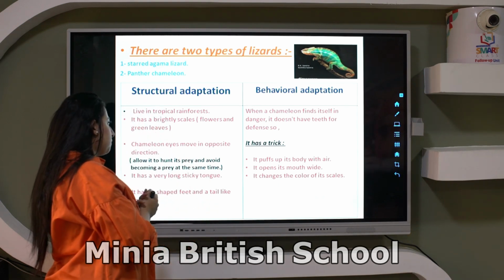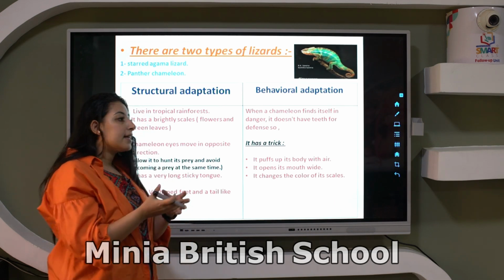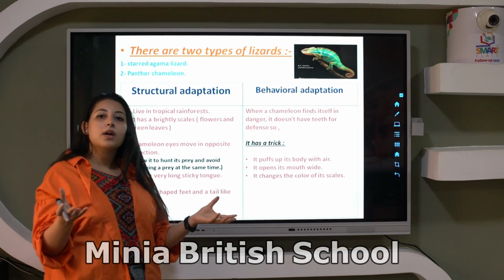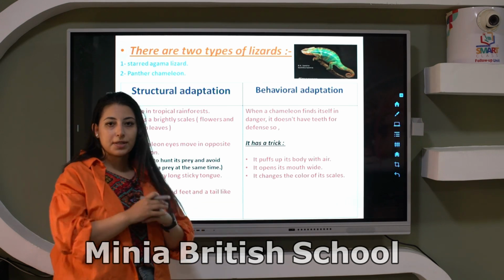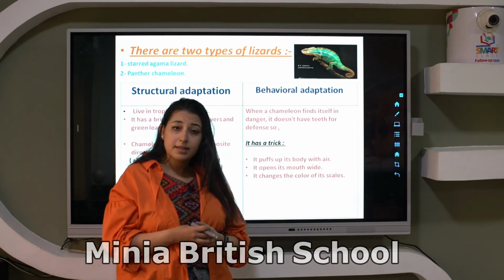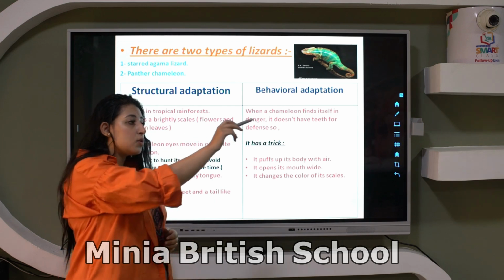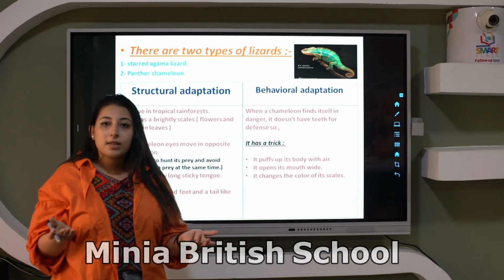Okay, what about behavioral adaptation? Behavioral adaptation, from its name, means what? A change in the behaviors of the living organism. For example, I said yesterday I entered this class, right? So I turned on the fan and the air condition. What does it mean?